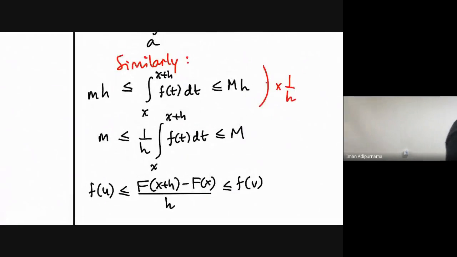And you see what we are doing right now? Familiar with this form? From limits, you get the squeeze theorem, right? The limit in the middle is the derivative. So basically what we are doing is taking the integration of f(t) and making it become the definition of the derivative.